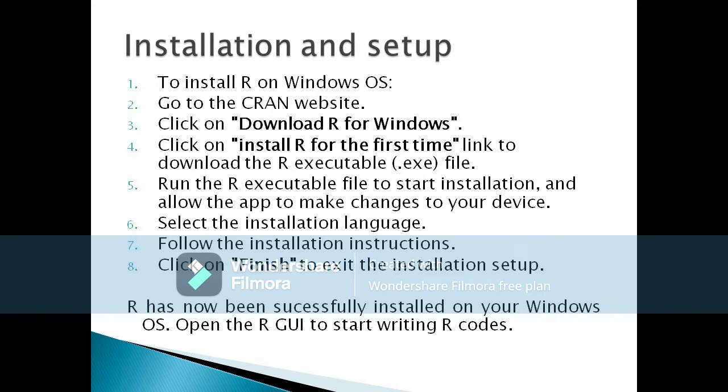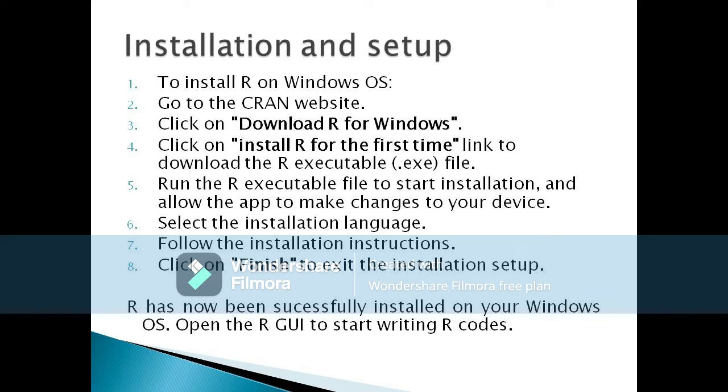So first you will install the R software on Windows operating system. Then when you execute the .exe file, you will be asked whether you are installing it for the first time, right? Then the executable file will start to install, and your app will be making changes to your device, right?